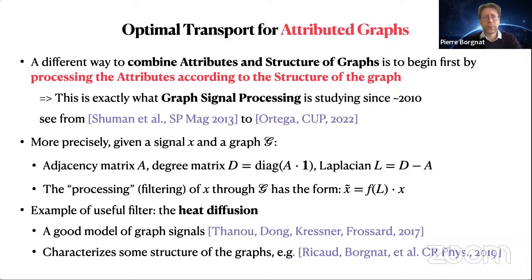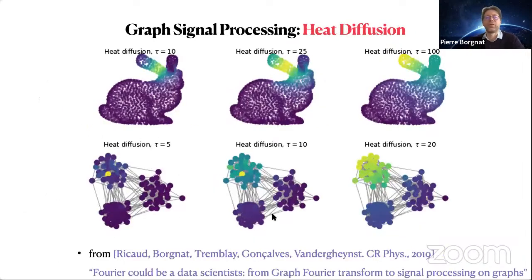And again, the colleagues from the EPFL, especially Dorina Thanou, Xiaowen Dong, with Pascal Frossard and Kressner, have shown that one useful feature, which is a good way to model signals and also to process signals, is heat diffusion. So here I'm just taking an example from a review paper we published in the Comptes Rendus Physique about graph signal processing.